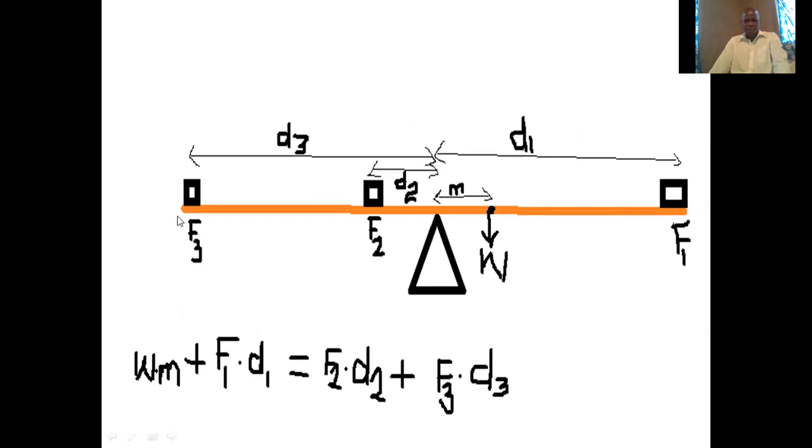For example, if this rod here was 100 centimeters, then at the center here, 50 centimeters, that is where the center of mass is, or where the weight of the object is concentrated, and therefore it has created a force which is known as the weight.